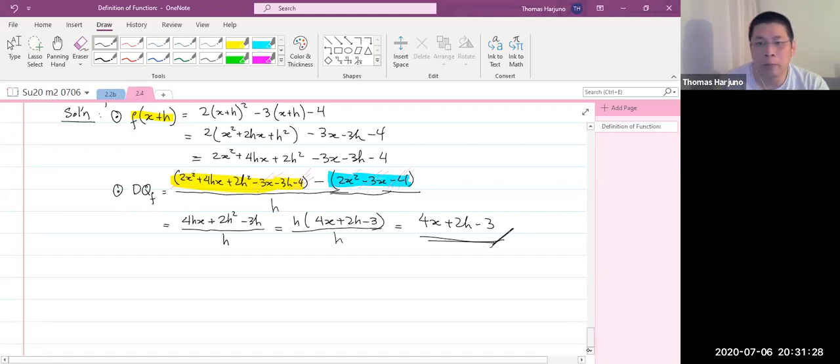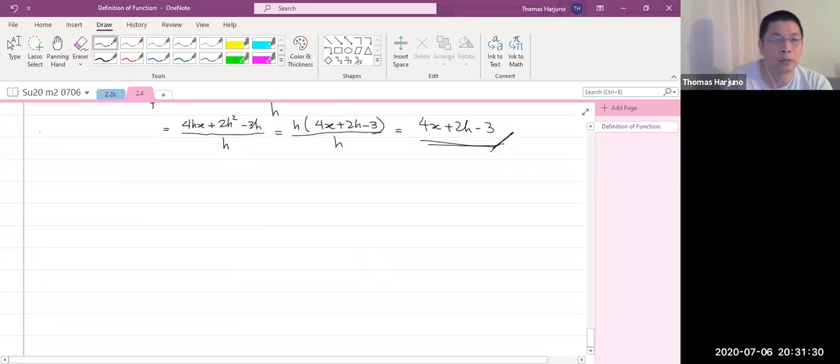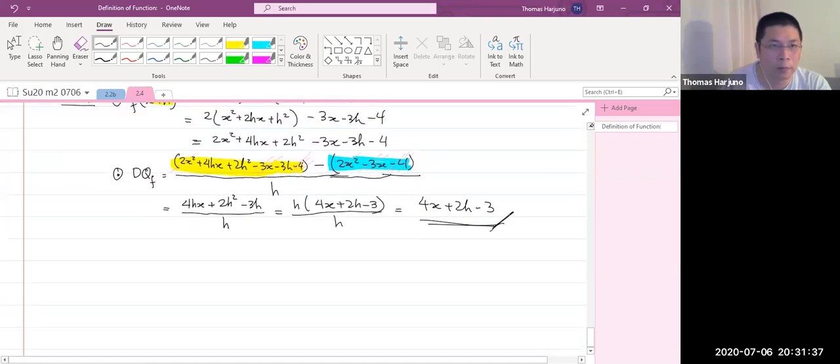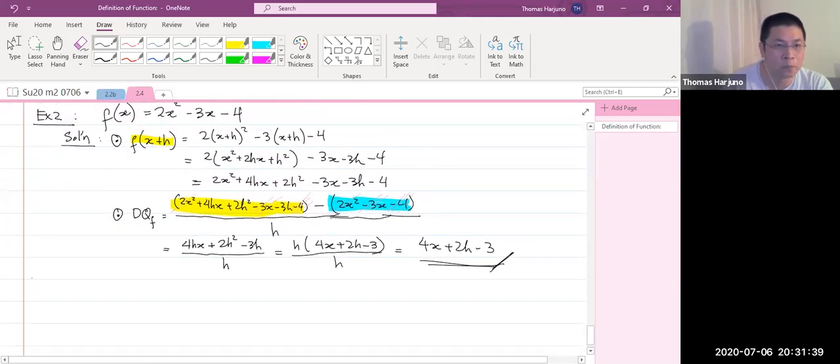A couple more problems. Maybe this is how important it is, such that I want to do more. A lot of them are actually algebraic manipulation. Example 3. Let's say we want to find number 50.